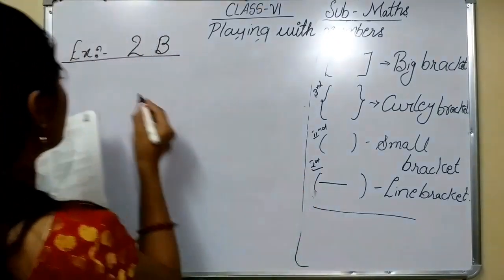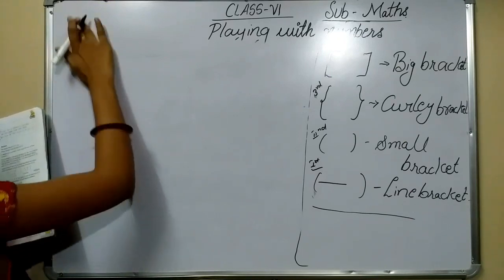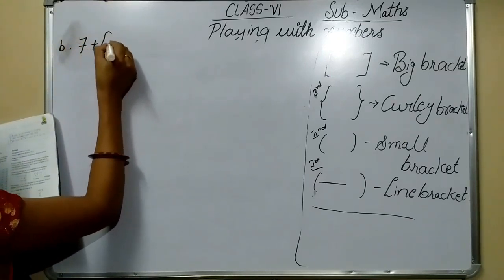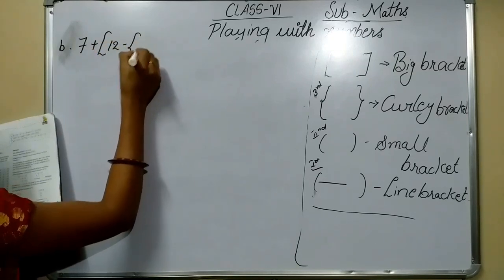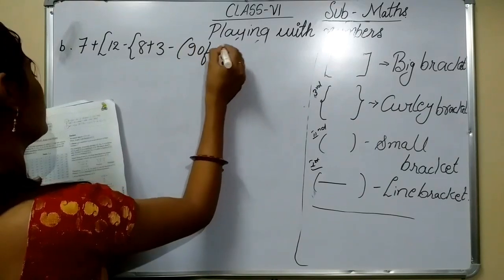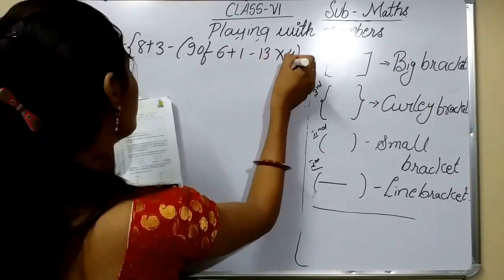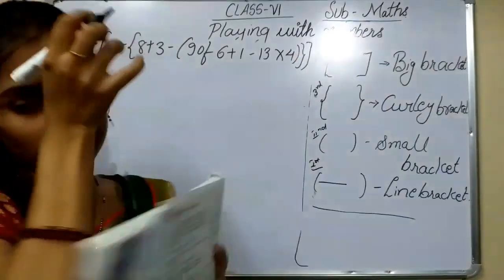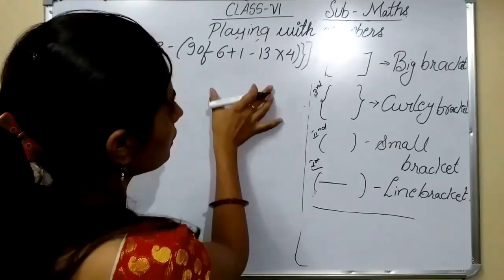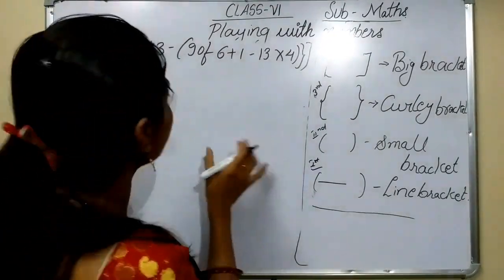See question number 2. 7 plus 12 minus 8 plus 3 minus 9 of 6 plus 1 minus 13 into 4. Now here, line bracket is not given, small bracket is given, and of is given, which you have to change into multiply.